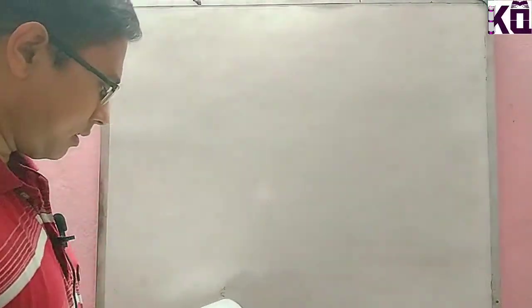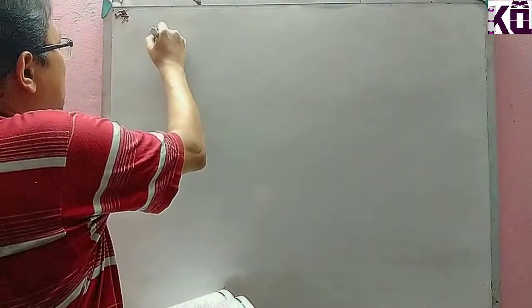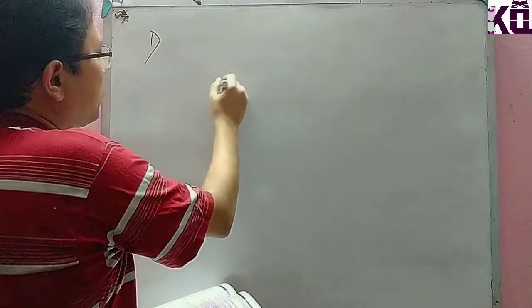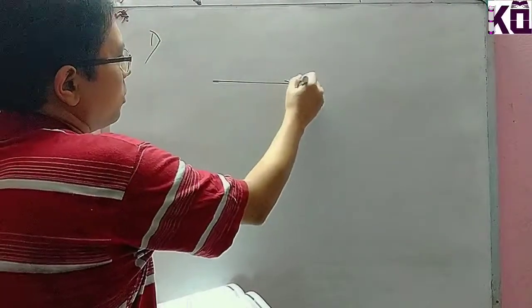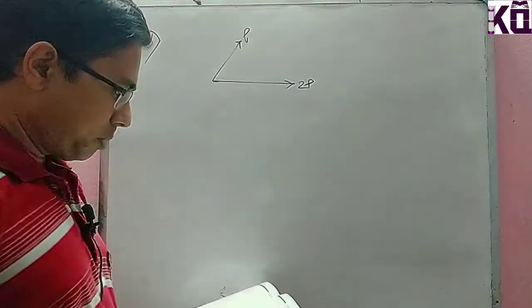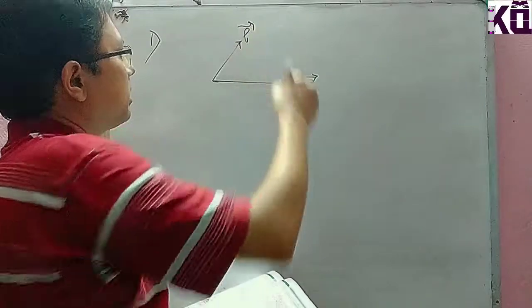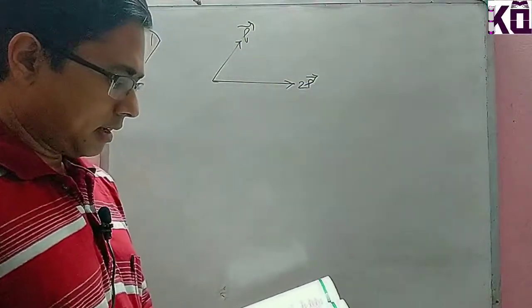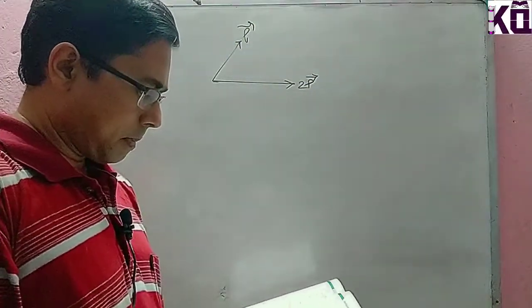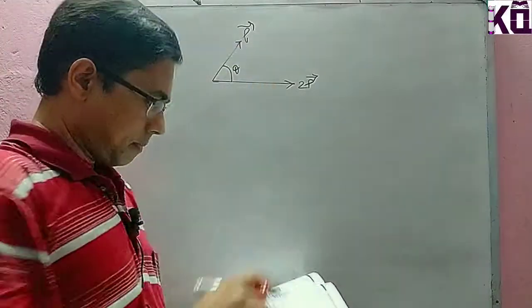The two vectors 2p and p are inclined. Number one problem, say 2p and p, say this one 2p and say there is p. 2p and p are two vectors basically. They are inclined to each other at a certain angle, say this angle is theta.